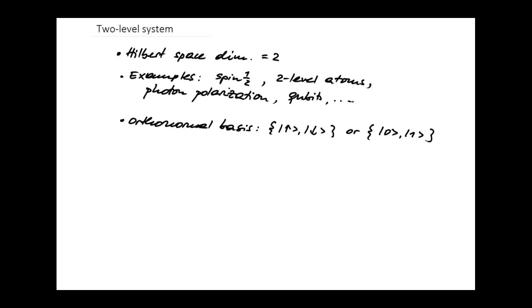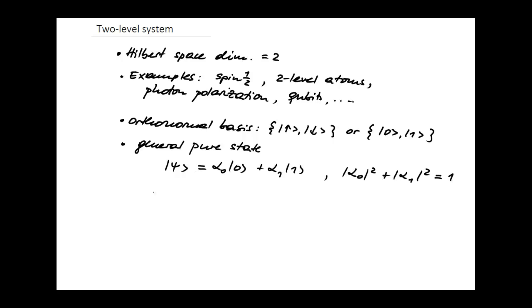Now, if this is your basis, then a general pure state of a two-level system is a linear combination of these basis vectors. So an arbitrary psi can be written as a linear combination of basis vector 0 and basis vector 1, where the absolute value squares of the coefficients must add up to 1.